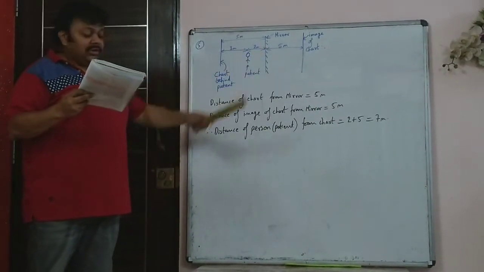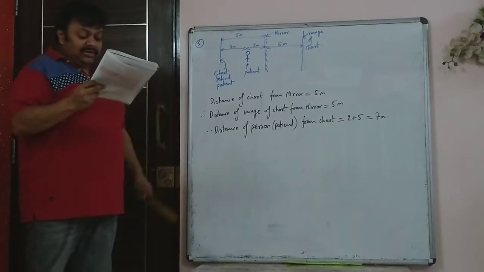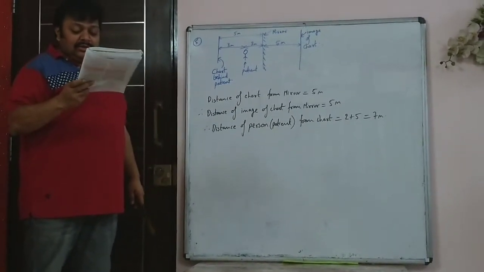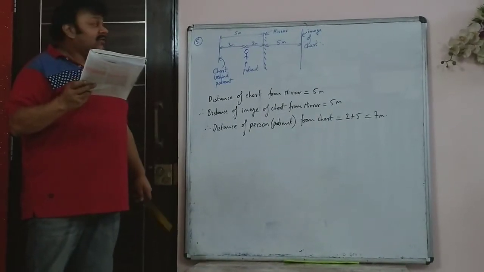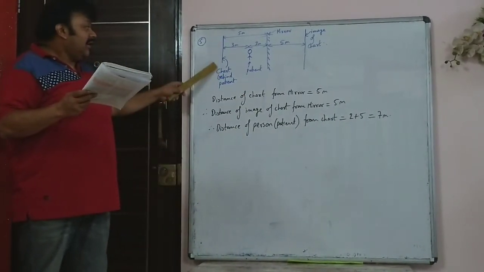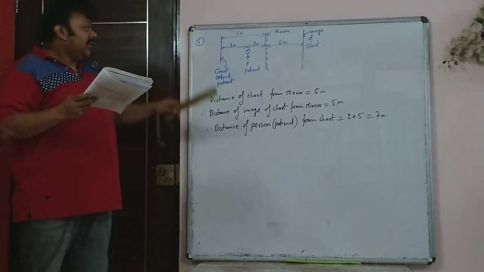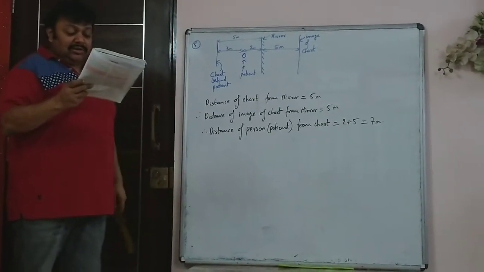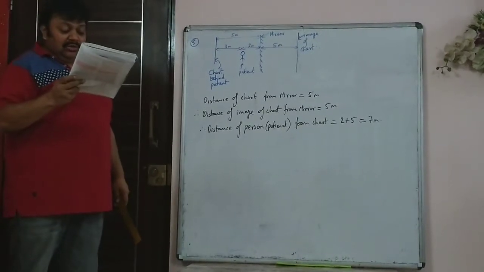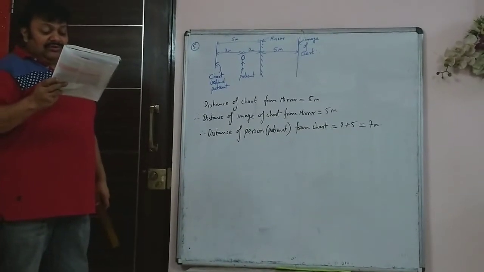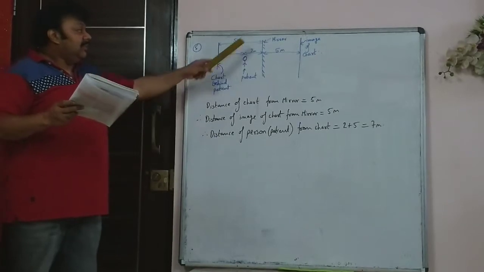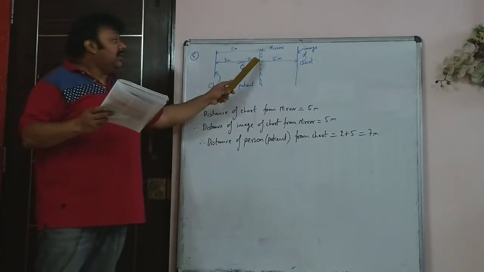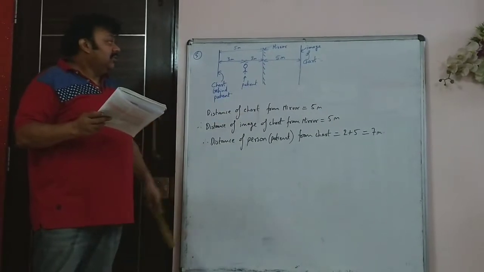The patient is looking that side, the chart is 3 meters behind him, and the doctor asks him to see the letters on the image of the chart formed in a plane mirror. So this is a plane mirror which is kept 2 meters in front of the patient.